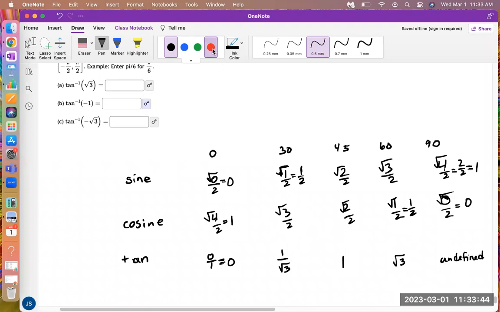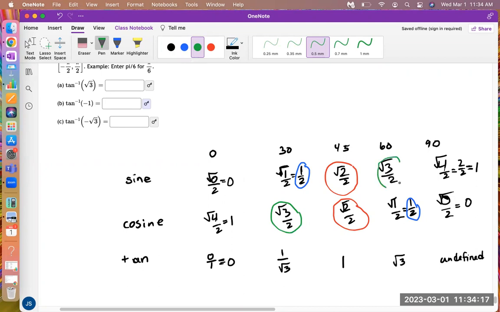Notice how square root 2 over 2 appears twice: sine of 45 degrees is square root 2 over 2, and cosine of 45 degrees is square root 2 over 2. That's pretty easy. And the 1/2 occurs right here: sine of 30 is 1/2, and cosine of 60 is 1/2. And notice how square root 3 over 2 is here and here.